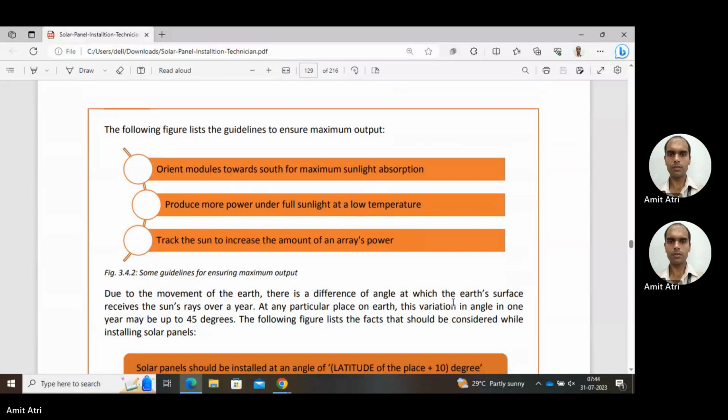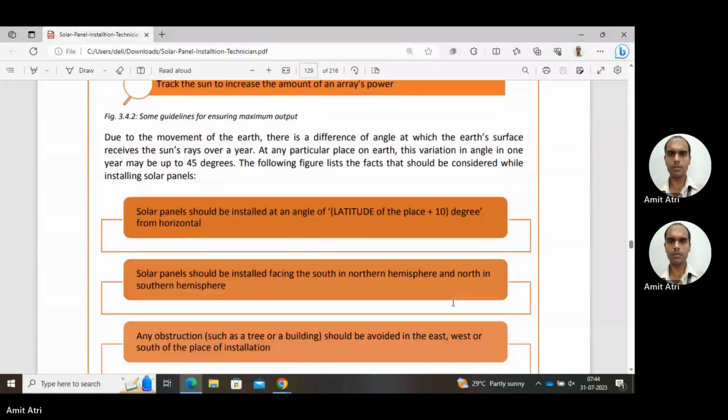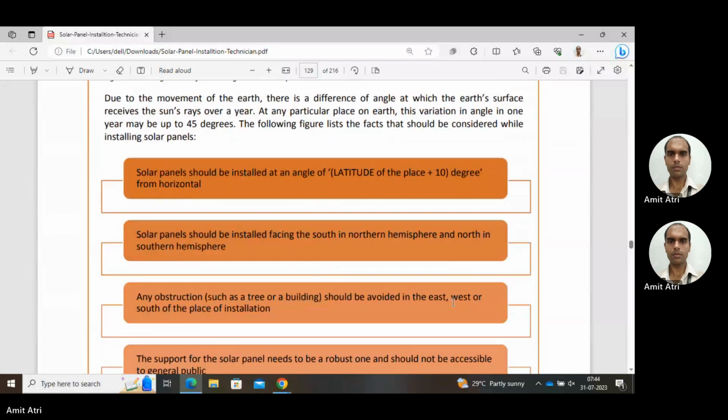Okay, because the incident angle of sunlight on the module directly affects the energy production, the electricity production from the module, the solar panel. Due to the movement of the earth, there is a difference of angle at which the earth's surface receives the sun's rays over a year.